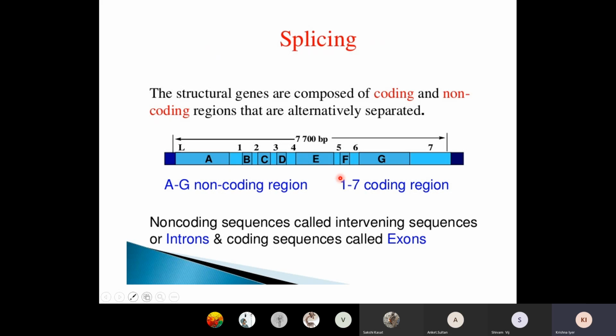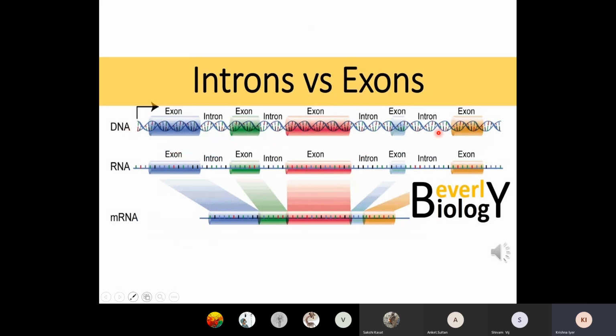For example, if this is a DNA and this is RNA which is freshly made by RNA polymerase, then some of the sequences shown here in colors, green, blue, red, and yellow, and this light blue, are sequences which code for the protein. So they are what are called expressed codons. They are kept, and all the sequences in between them, which are referred to as introns, are removed as part of the processing, which is called splicing.